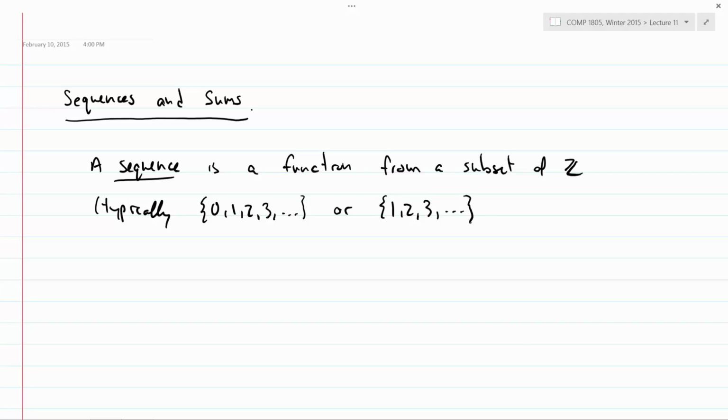So typically it's from the non-negative integers or the positive integers, one of the two. But you could define it with any one of those, any subset.